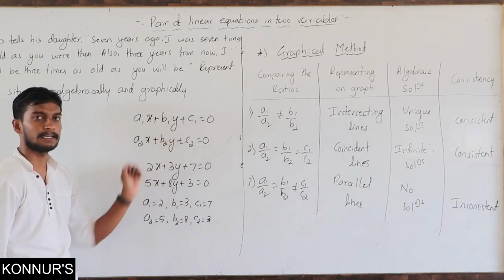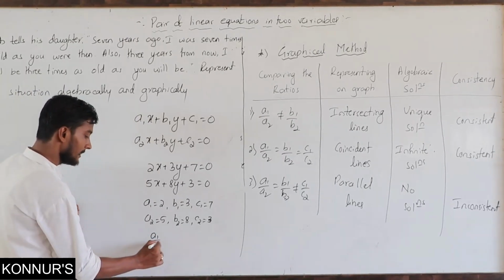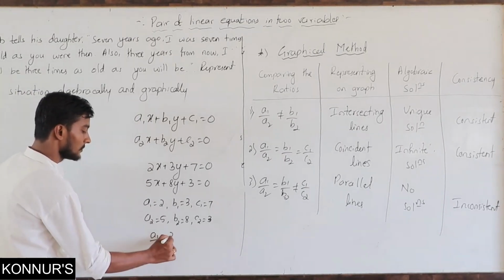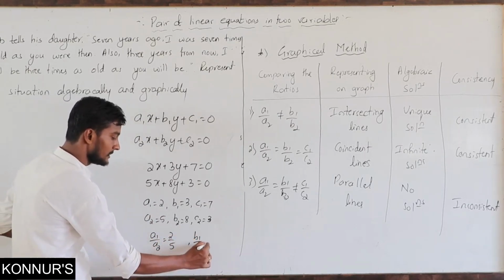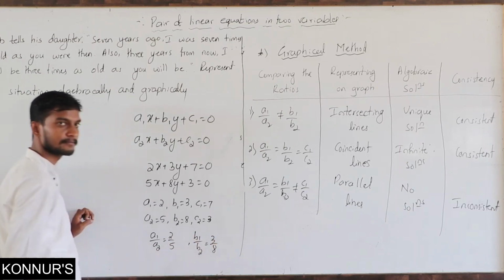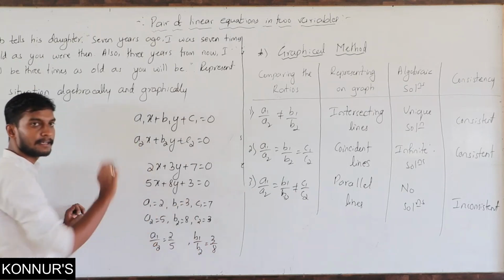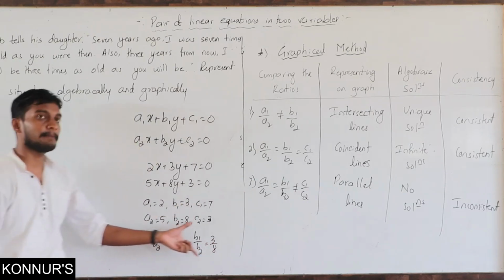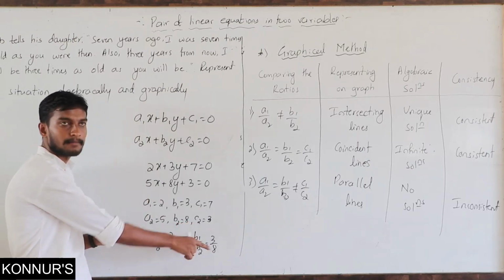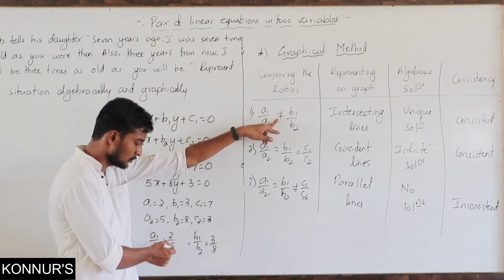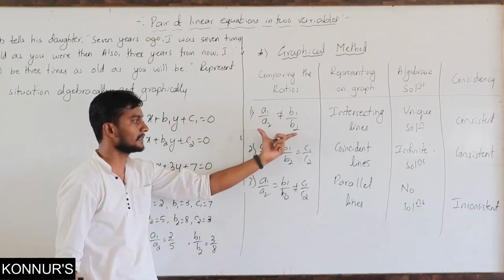We check a1 by a2, which is 2 by 5, and b1 by b2, which is 3 by 8. They are already in simplified form, and they are not equal, so this condition is satisfied.